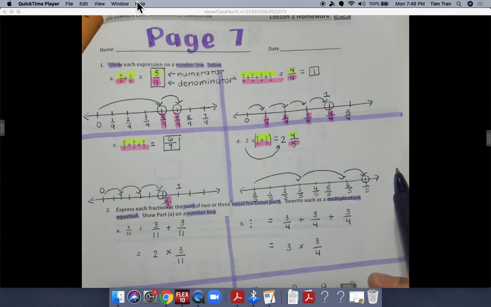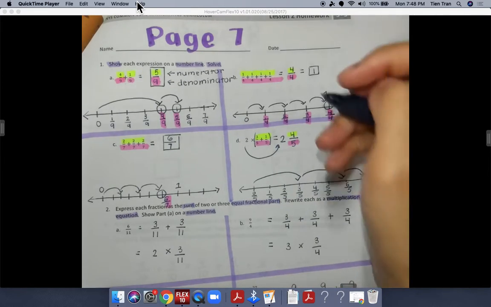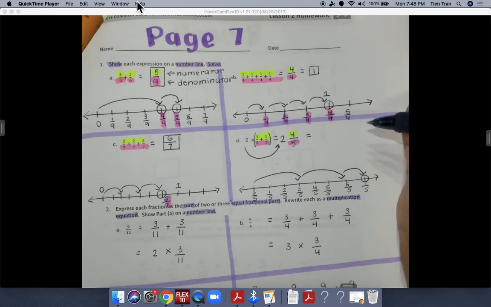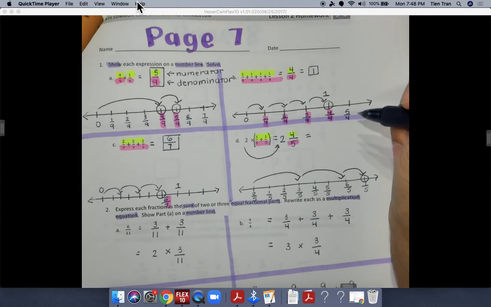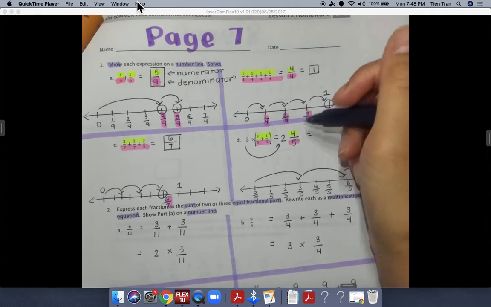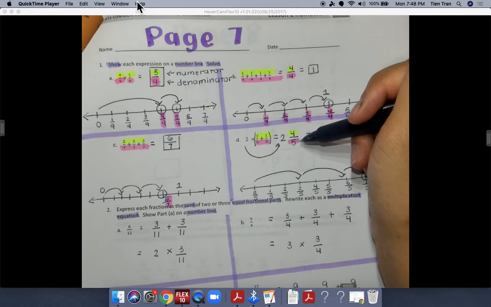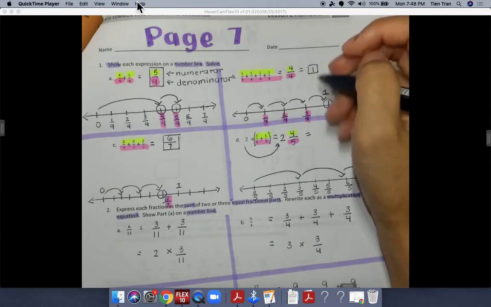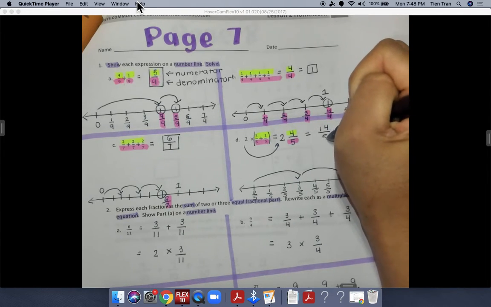Okay, so that's going to give you 2 and 4 fifths in all. And 2 and 4 fifths is equivalent to 7 fifths. Oh, sorry. It is also equivalent to 10, 11, 12, 13, 14 fifths.